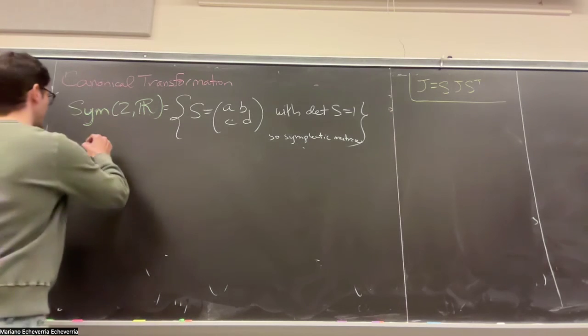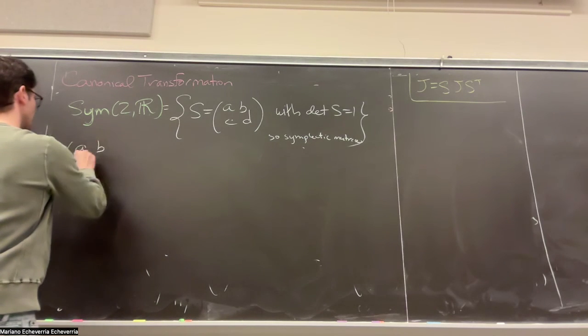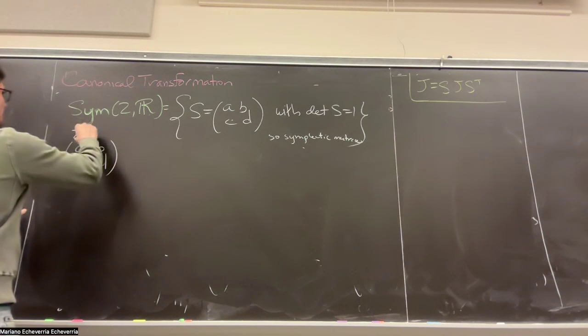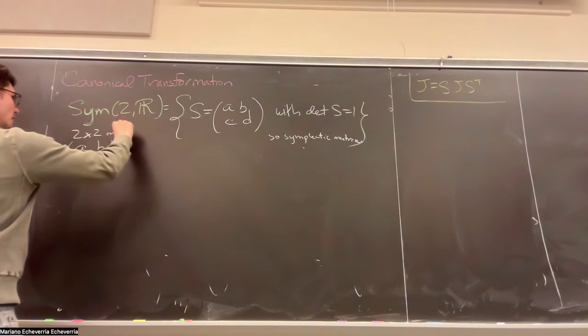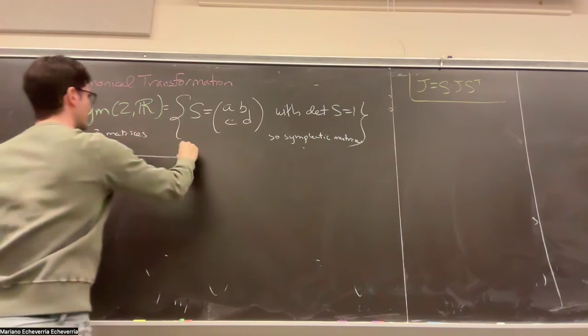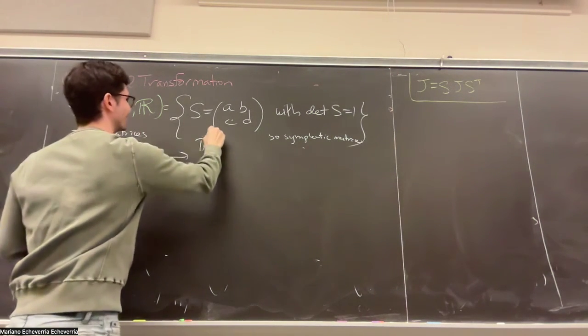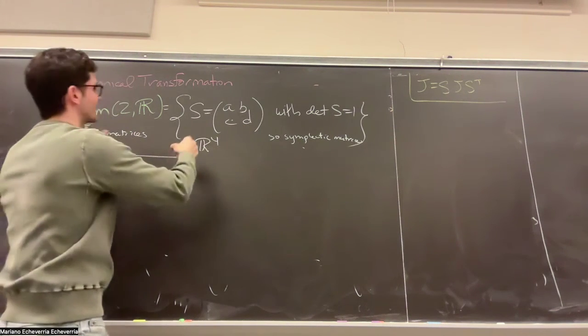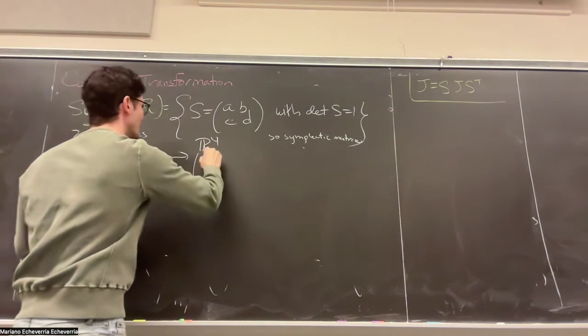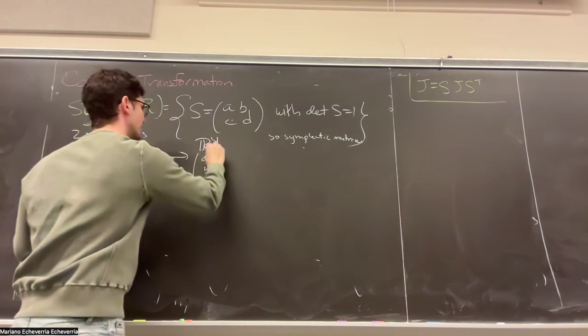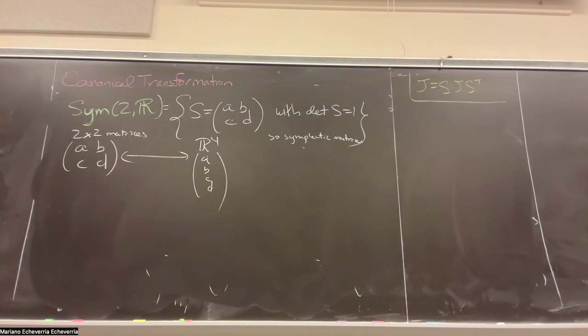If you have a random 2 by 2 matrix, you can put it in bijection with R4. It's not canonical, but you can just write the entries A, B, C, D. That gives you an isomorphism as vector spaces, for example.